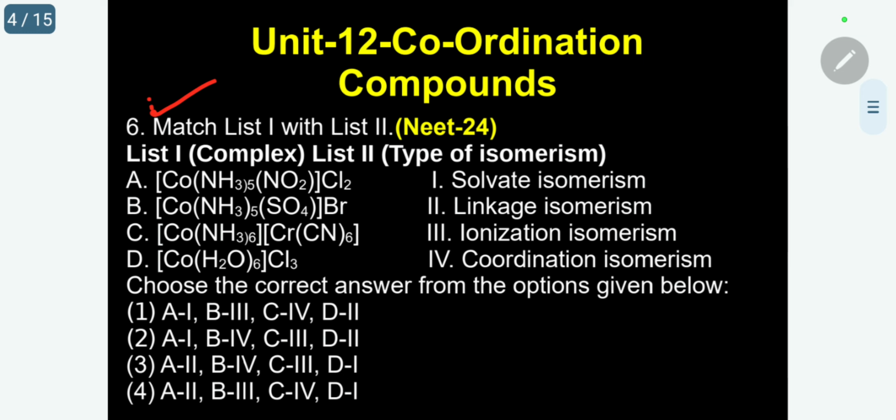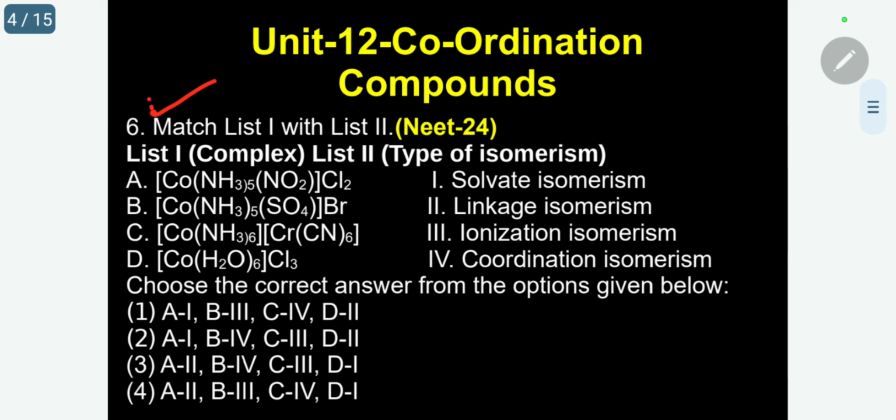C. [Co(NH3)6][Cr(CN)6], option 3, ionization isomerism. And D. [Co(H2O)6]Cl3, coordination isomerism. Choose the correct answer from the options given below.